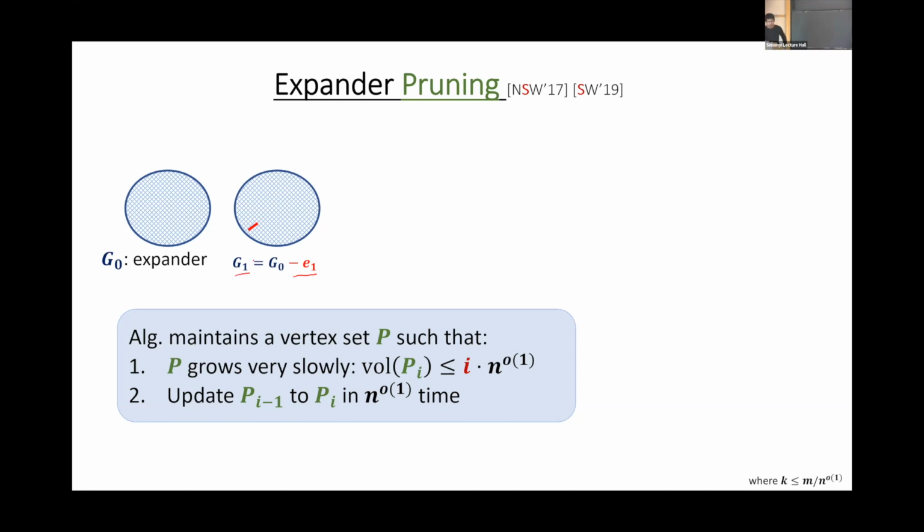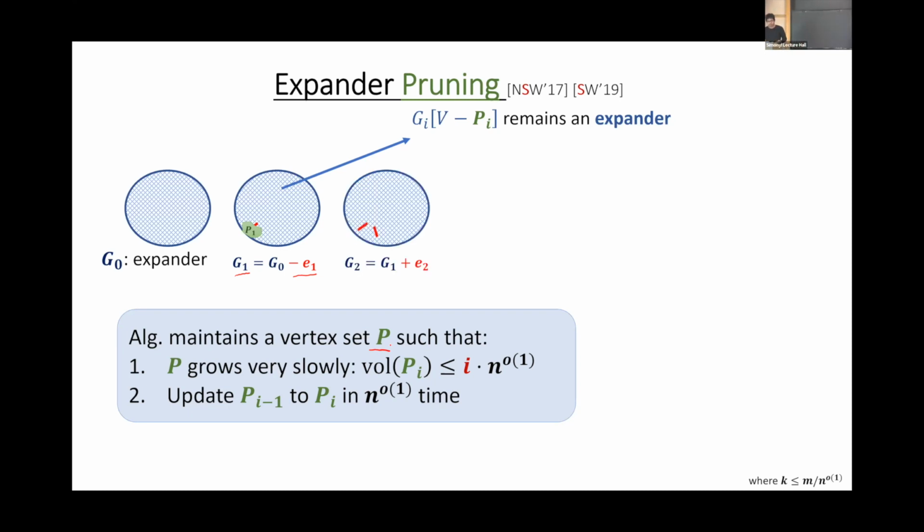So G1 is just the graph at time 1. What the algorithm will do is maintain a set P, think of it as a pruning set. This set P is such that when you look at the complement of P, the complement is an expander. So P is some small set such that everything in its complement is still good.